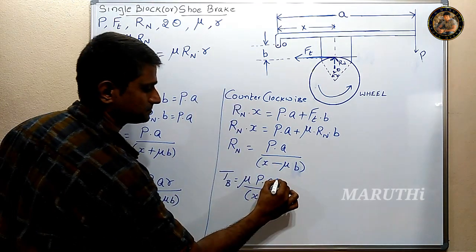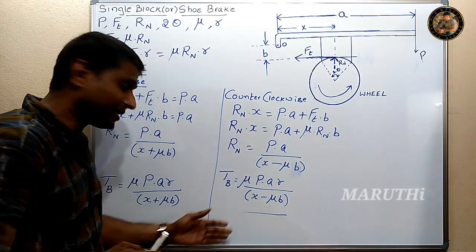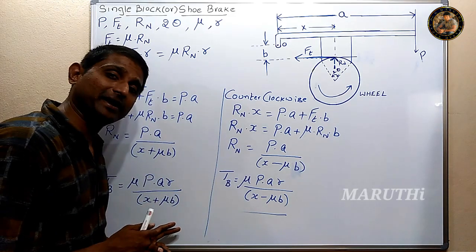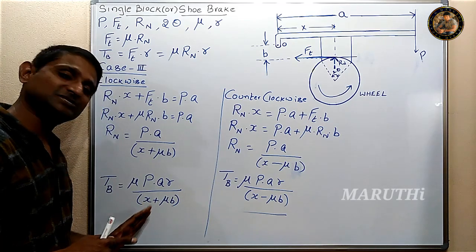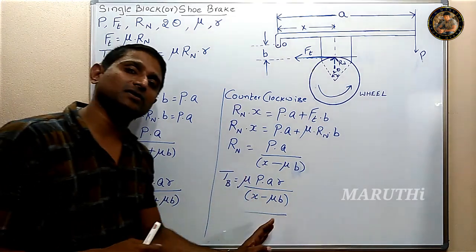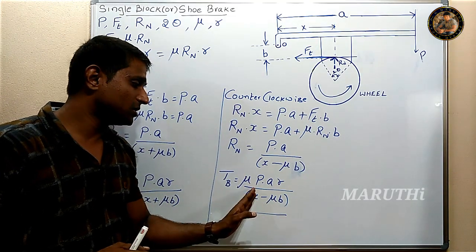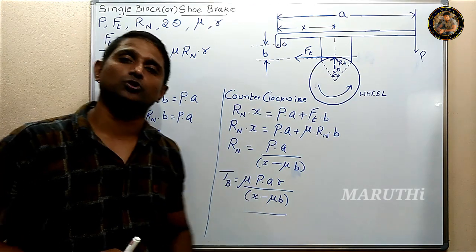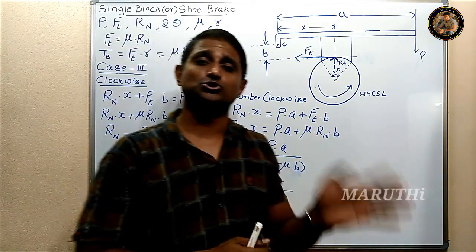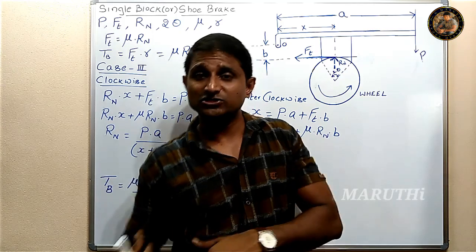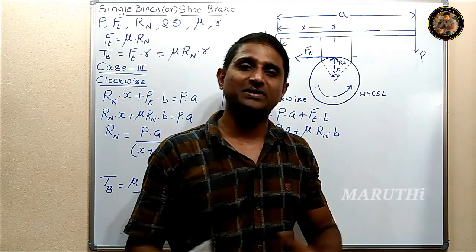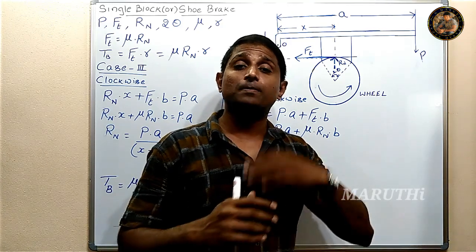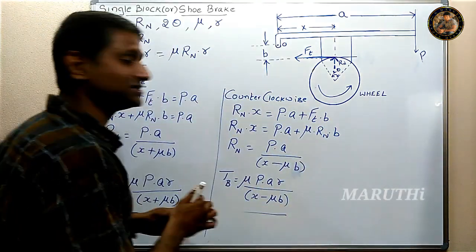So if you look at this one, the braking torque when the brake drum rotates in clockwise direction is mu P a R by X plus mu B, whereas the braking torque when the brake drum rotates in counterclockwise direction is mu P a R by X minus mu B. Again, as I said in case 2, we have to observe in which case the braking is more effective.